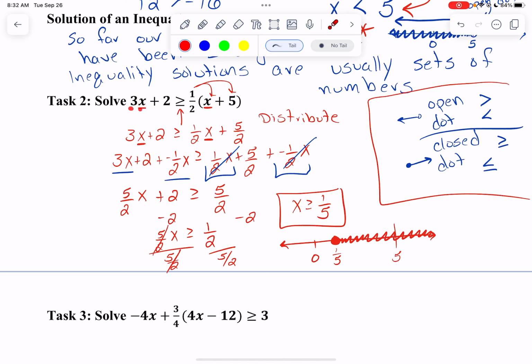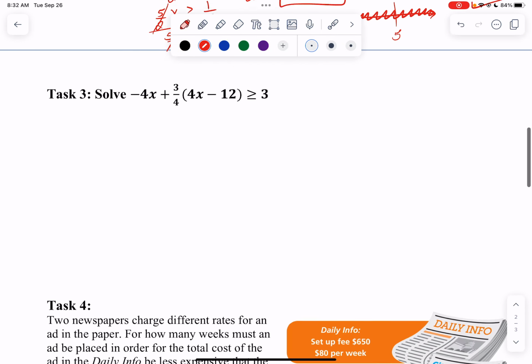Take 3 times 5 plus 2. 3 times 5 is 15, plus 2, that's 17 on the left side. Okay, what about the opposite side? 5 plus 5 is 10. Half of 10 is 5. Would a greater than or equal to symbol work in there? Yep, it worked. I checked a number.